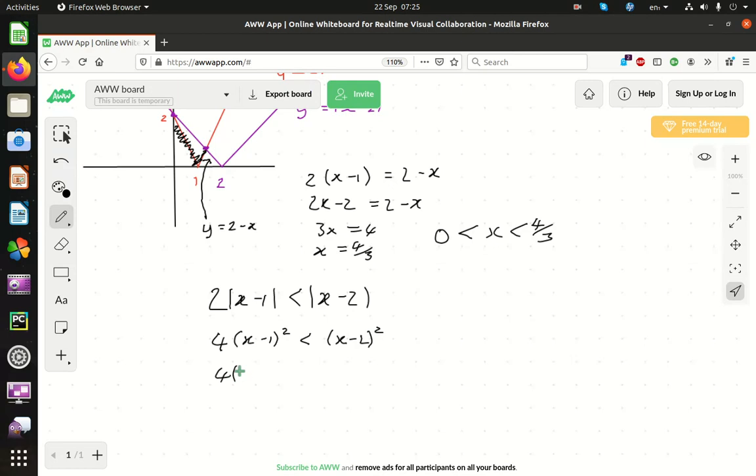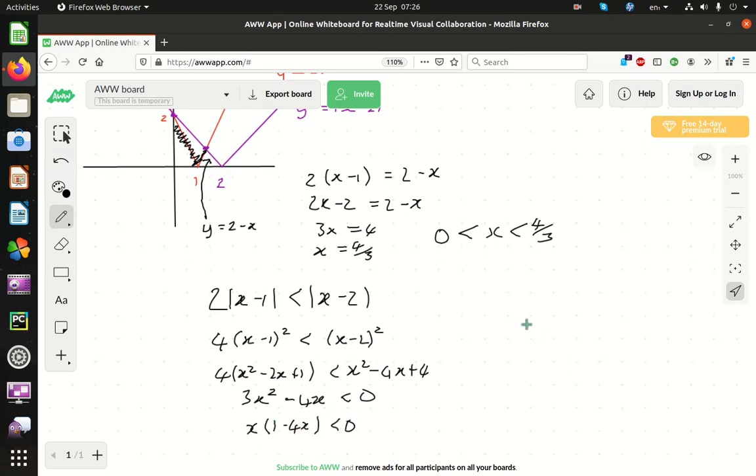So 4x squared minus 8x plus 4 is less than x squared minus 4x plus 4. 4x squared minus x squared is 3x squared, minus 8x plus 4x is minus 4x, plus 4, and that cancels with the other 4 on the other side, so you get that. Factorise, well, take out the x and have x(3x minus 4).